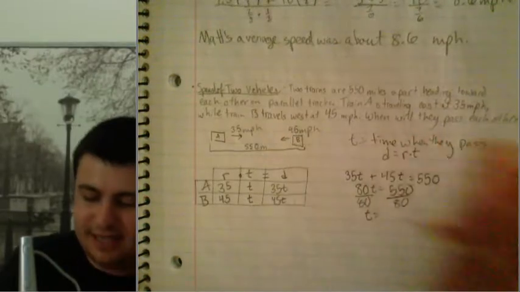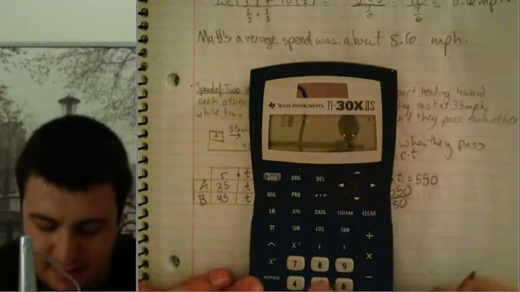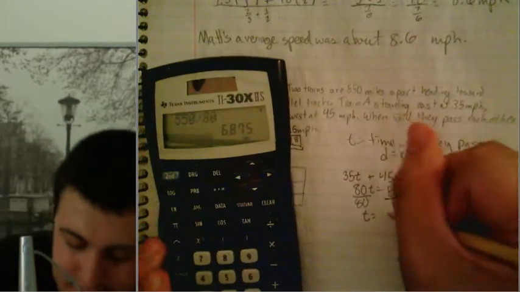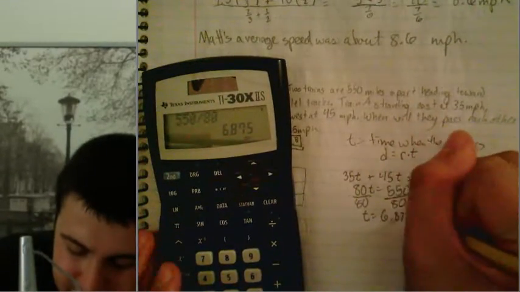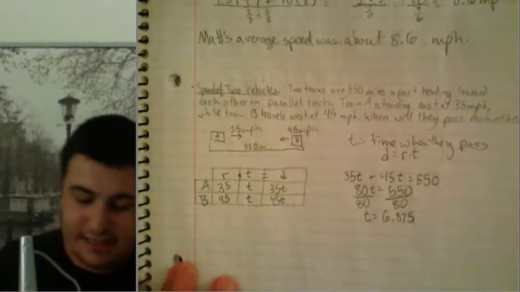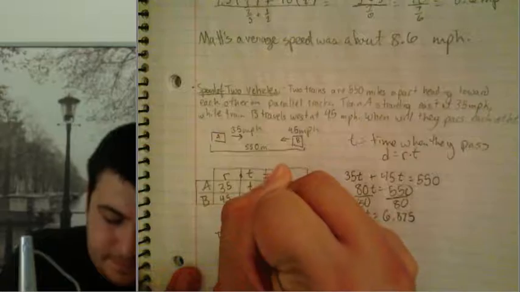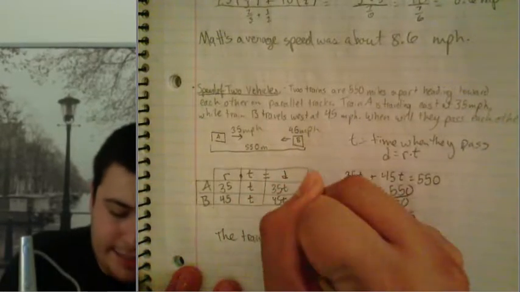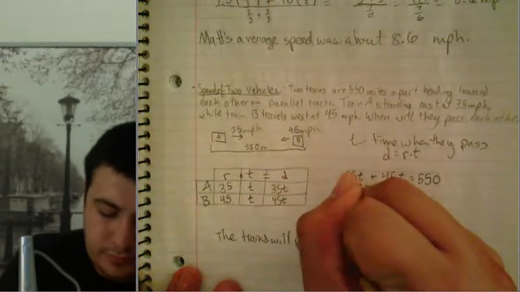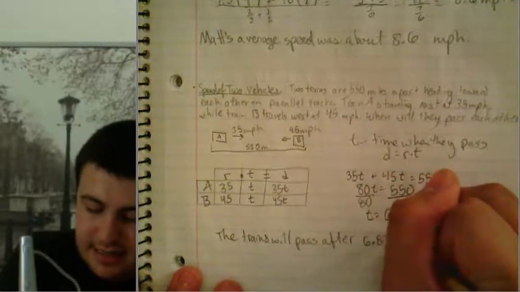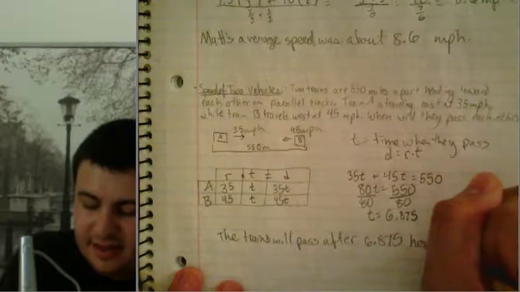And t, when we do 550 divided by 80, we get 6.875. So that means that the trains will pass after 6.875 hours.